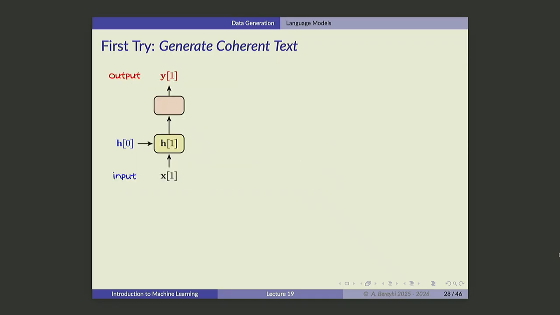For example, with an LSTM or any recurrent neural network, the first word goes inside the recurrent unit. You get an output, and you make this output look like the second word inside the sentence. Then you give this back to the neural network, and it gives you the next output, which you want to be the third word inside the sentence, and so on all the way to the end.